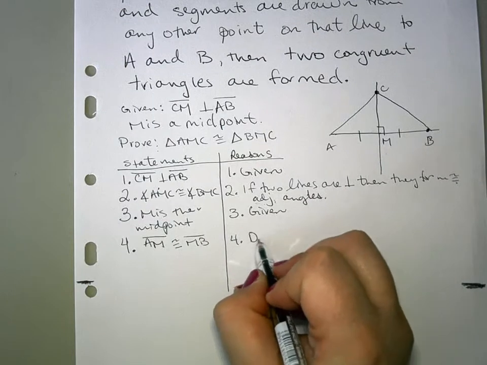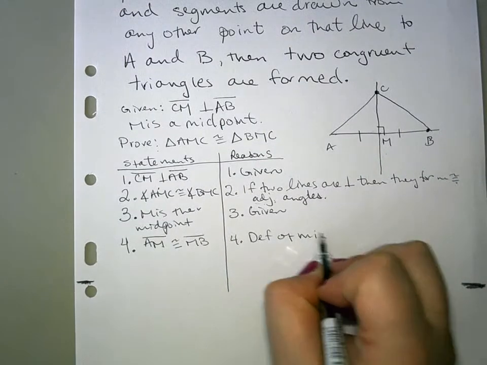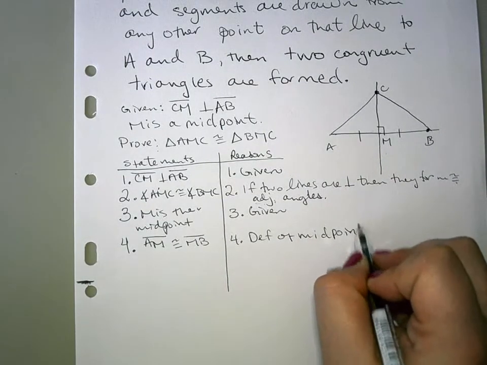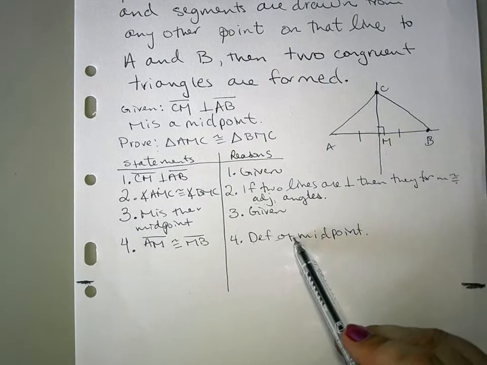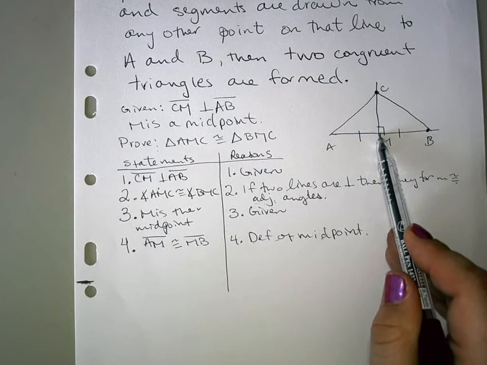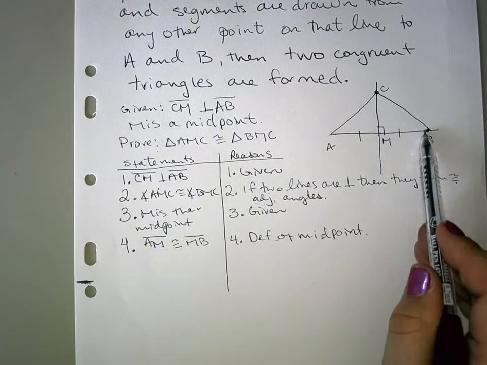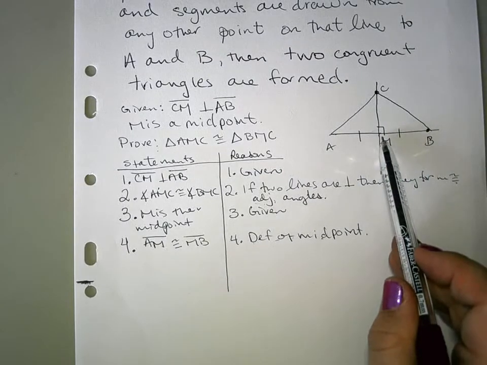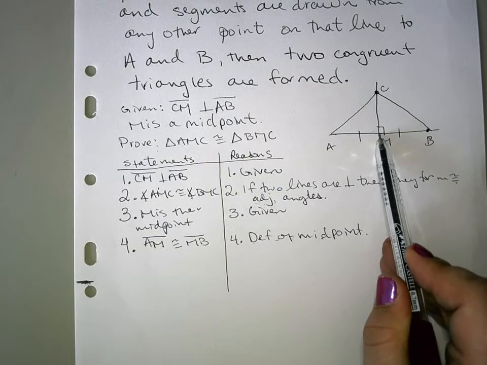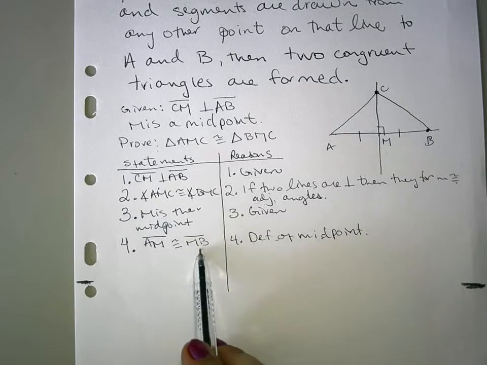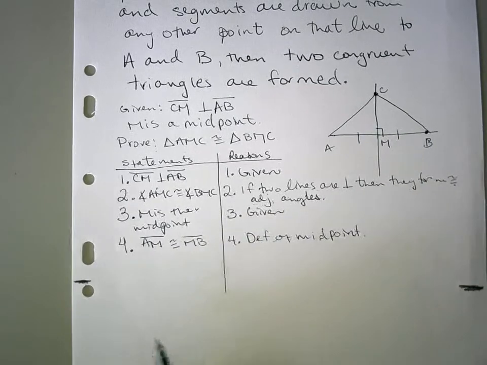And that is definition of midpoint. Now it's definition of midpoint because we're basically told that a definition of midpoint is the point that divides a segment into two equal parts. And so if we have a midpoint, then we have two congruent parts.